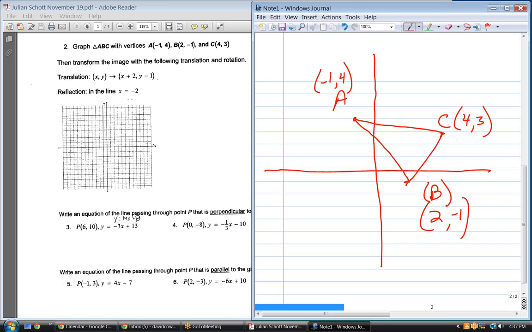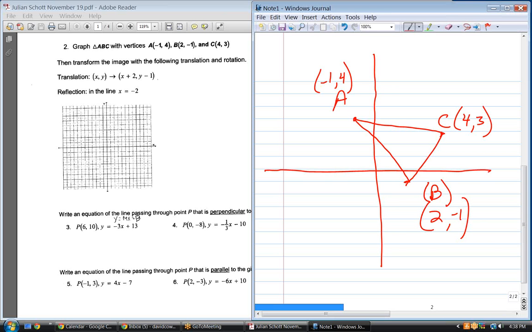So x plus 2, y minus 1. Okay, so where's A prime? A is minus 1, comma 4. So we're going to add 2 to the x coordinate, and we're going to subtract 1 from the y coordinate. So what's minus 1 plus 2? Plus 1.